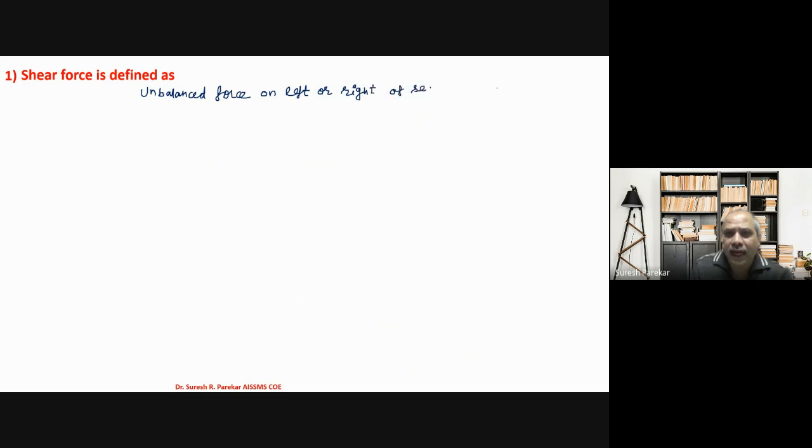Now how will we have an MCQ on this? Shear force is defined as: A, unbalanced force on left of section; B, unbalanced force on right of section; C, both A and B; and D, none of these. So you may have a question like this.